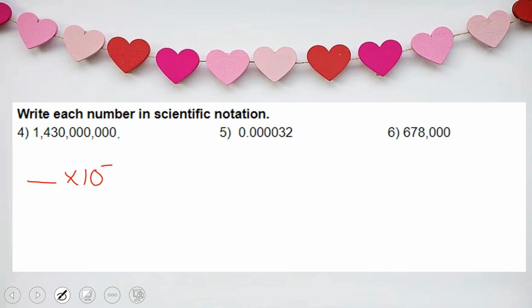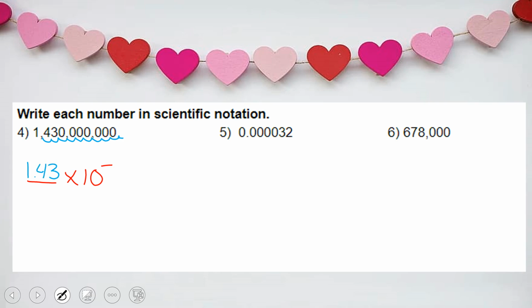Right now my decimal is at the very end of this very large number. And I have to figure out how many places I need to move it until it becomes a number between 1 and 10. That would be right here between the 1 and the 4.